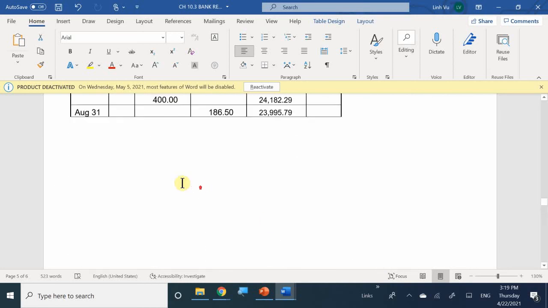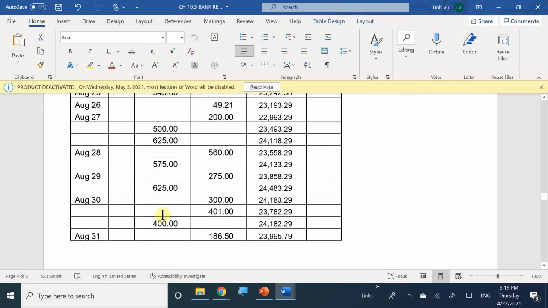So let's go back up again. We still have this money on hand, and we have this money on hand. Right here, how much is that in grand total? $1,200. There's your $1,200 that you're missing.